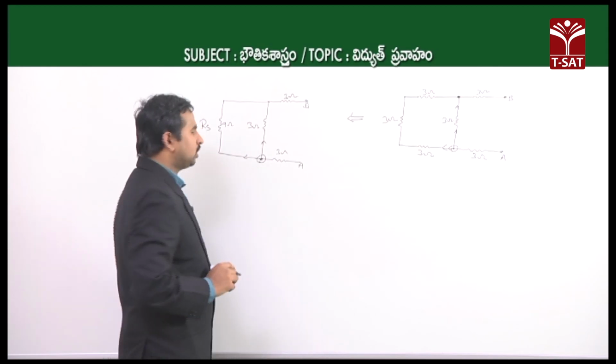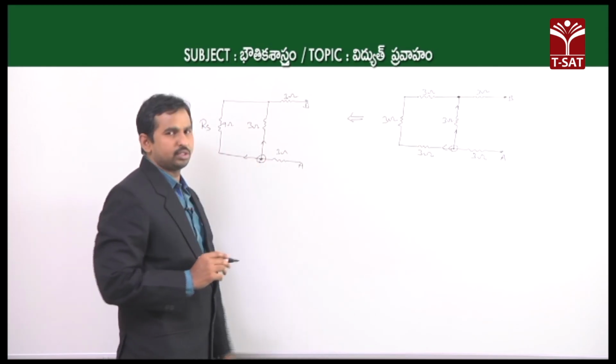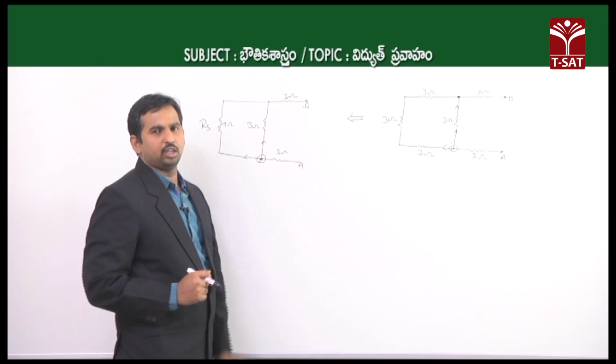Finally, we got a 9 ohm resistance and a 3 ohm resistance, and both are connected in parallel to each other.